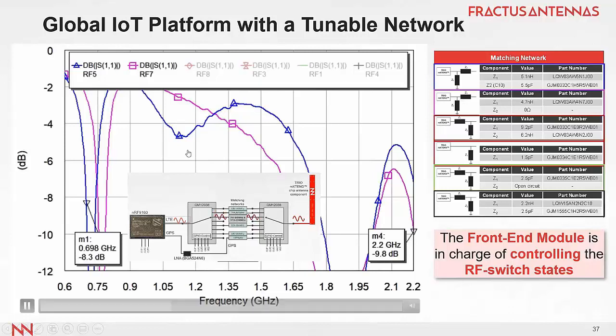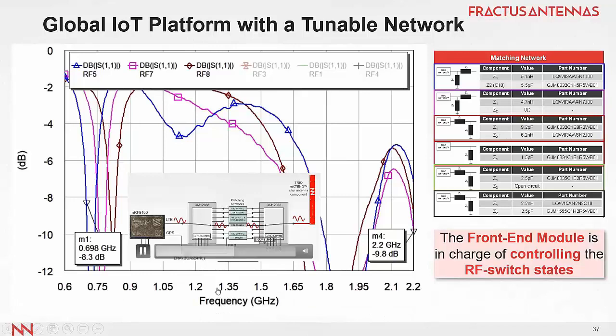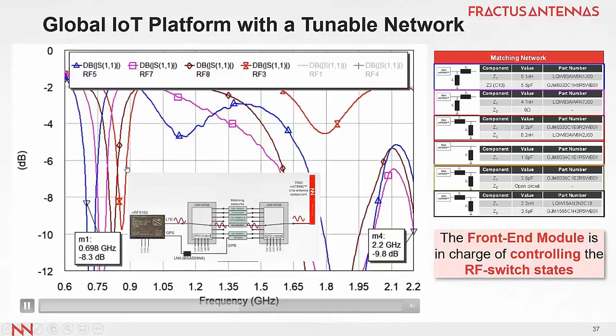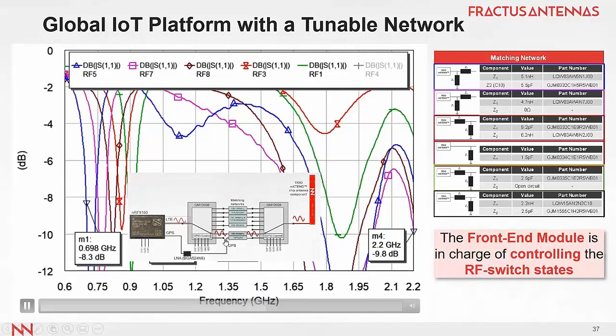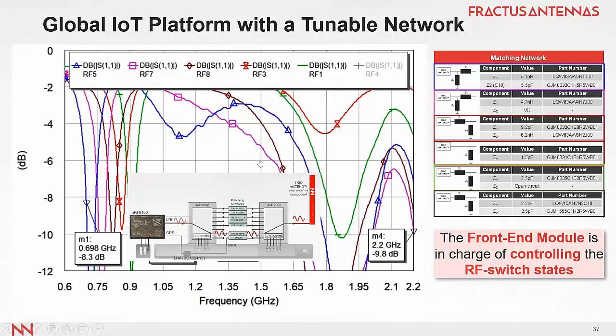Then we change to another state. Also, we can operate in the higher bands with this state, and so on. In a third state, with the brown color and the red color, we are covering more frequency bands up to 960. And finally, the GPS appears here in black color, which is this matching.